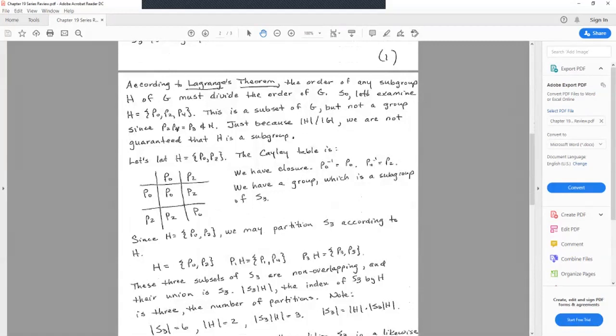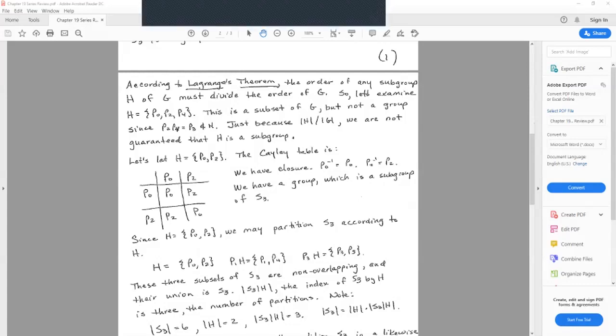Remember that according to Lagrange's theorem, the order of any subgroup H of G must divide the order of G. So let's examine H, where H contains the elements P0, P2, and P4.